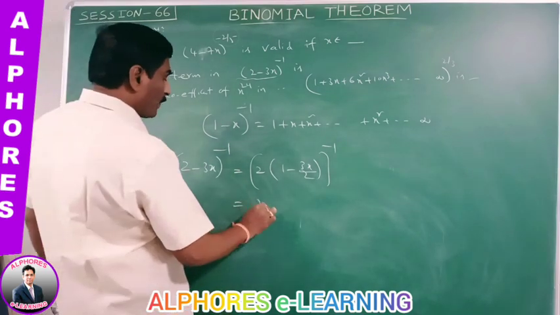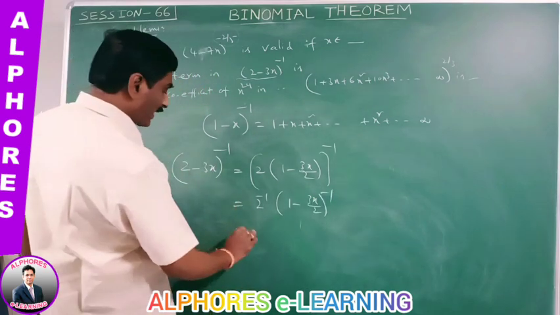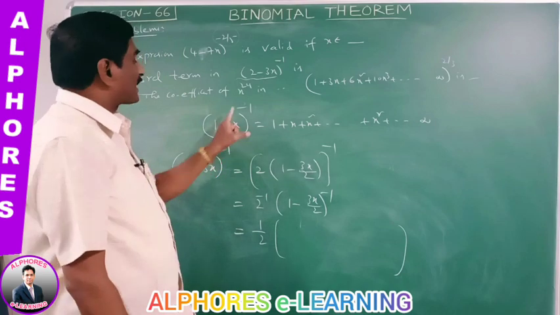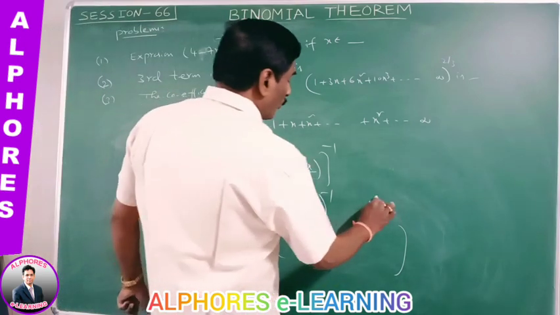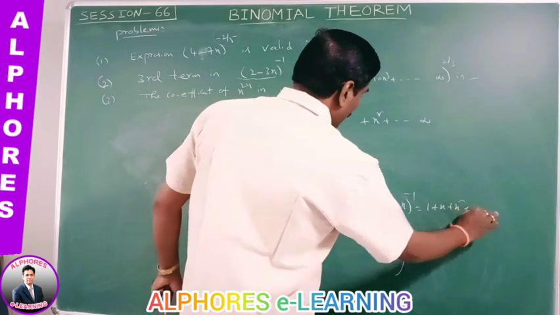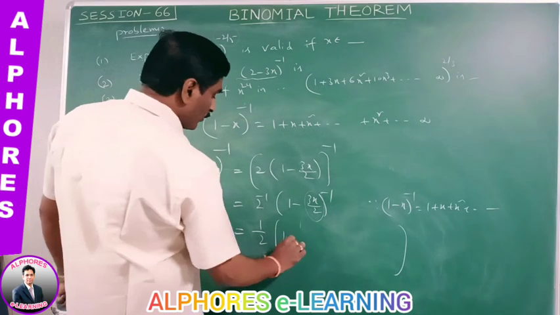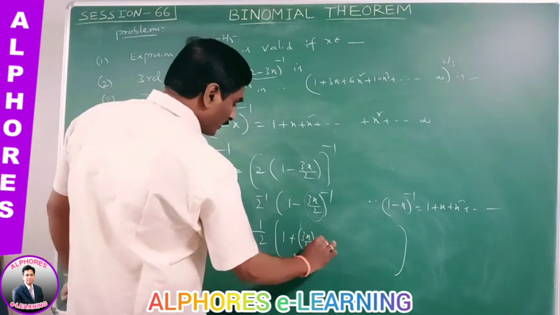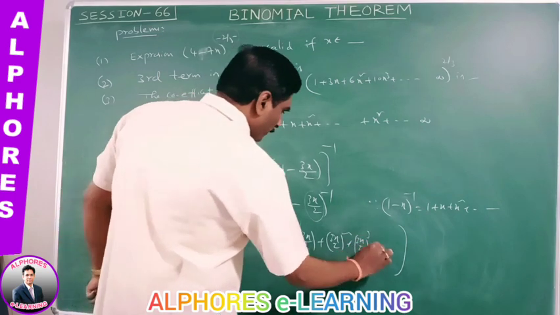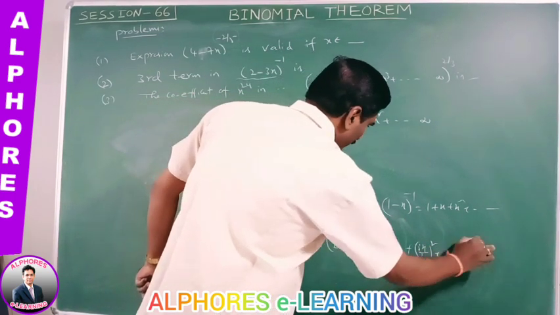That means 2 power minus 1 into 1 minus 3x by 2 whole power minus 1. 2 power minus 1 means 1 by 2, into it is in the form of 1 minus x whole power minus 1. Since 1 minus x whole power minus 1 is, what is the formula? 1 plus x plus x square plus so on infinite. What is the value of x here? 3x by 2. That means 1 plus 3x by 2 plus 3x by 2 whole square plus 3x by 2 whole cube plus so on, 3x by 2 whole power r, plus so on infinite.